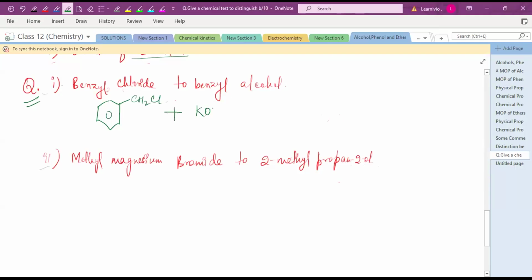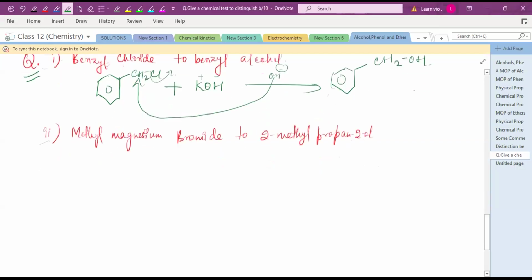Plus, when you add KOH, potassium hydroxide, there will be a substitution reaction. K plus and OH minus, right? So OH minus is your nucleophile over here. So it will attack this carbon, and from here this chlorine will be removed, and you will get CH2OH, your benzyl alcohol.